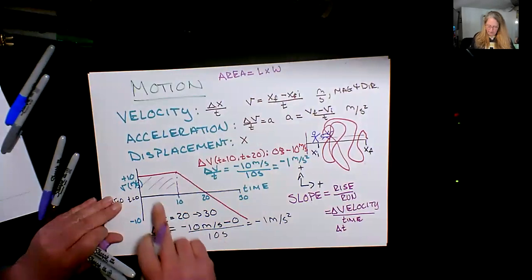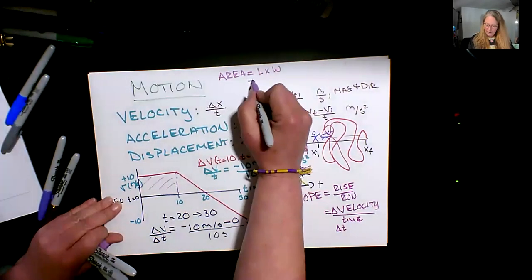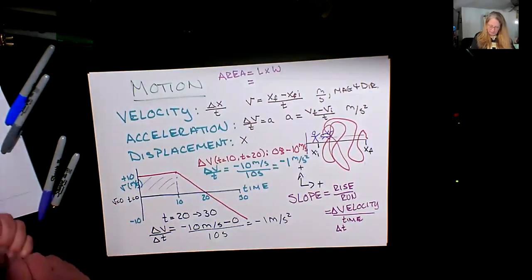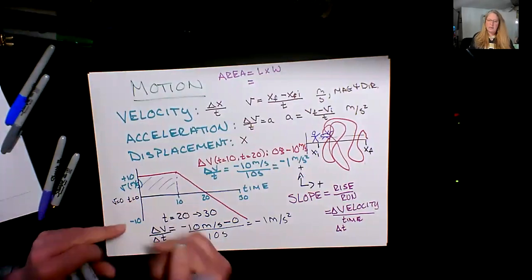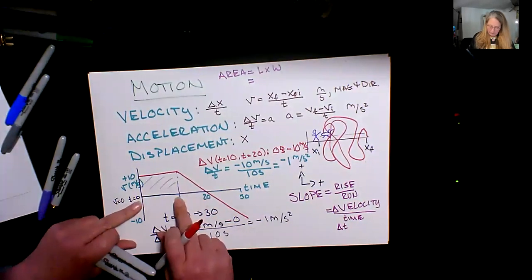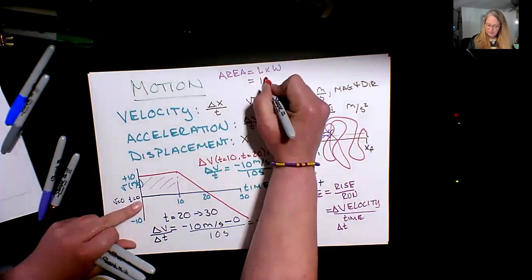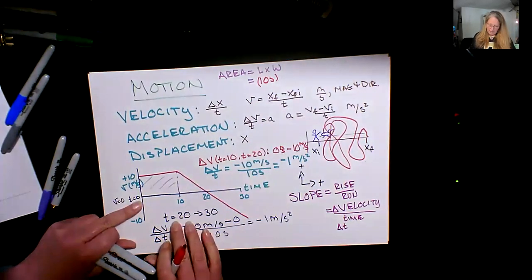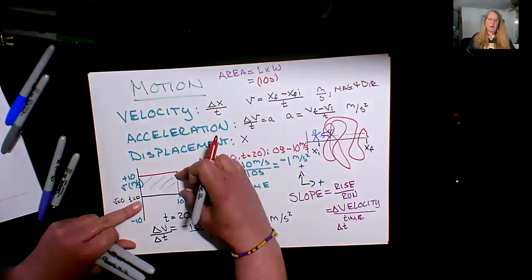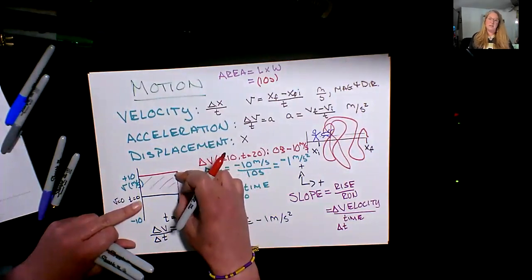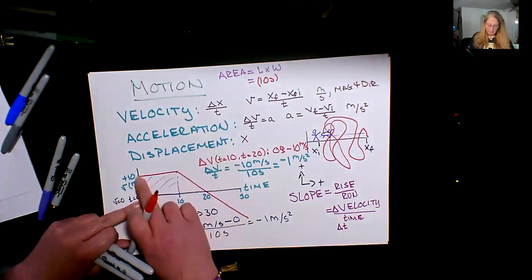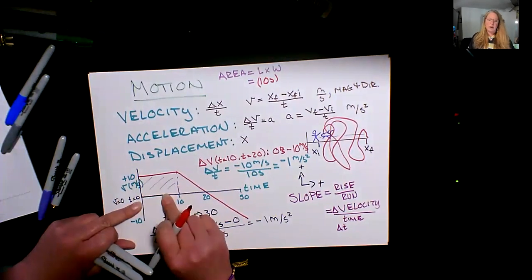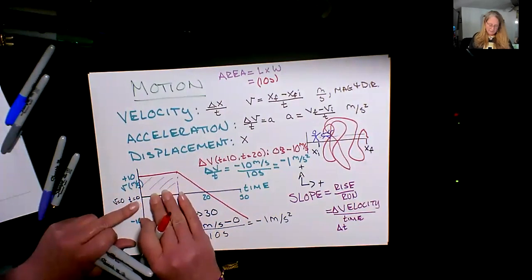So for the area here, let's see, what do I have? Length is time. So my total length here is 10 seconds. And my width, well, I could call it length times height. It doesn't matter. It's just a square. So I'm just taking the sides of the square to figure out what the total area is.